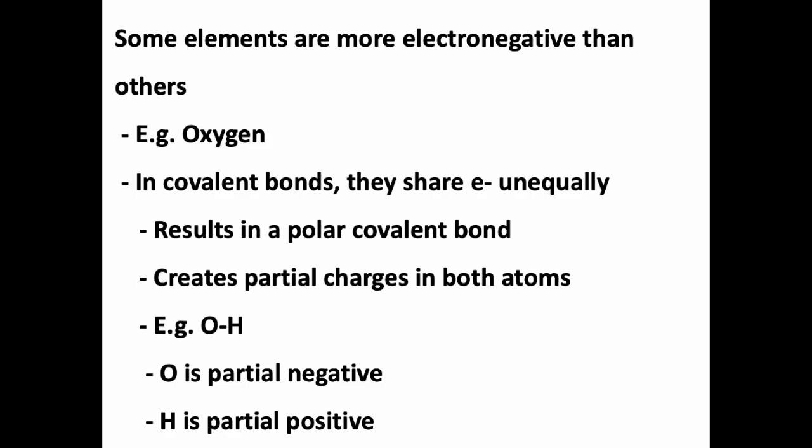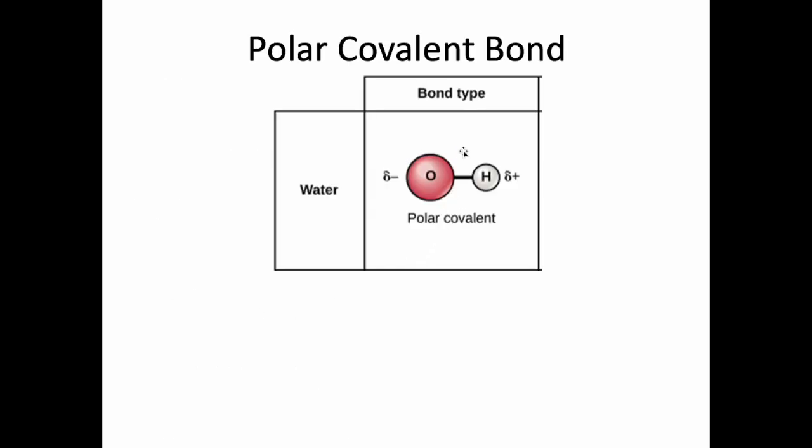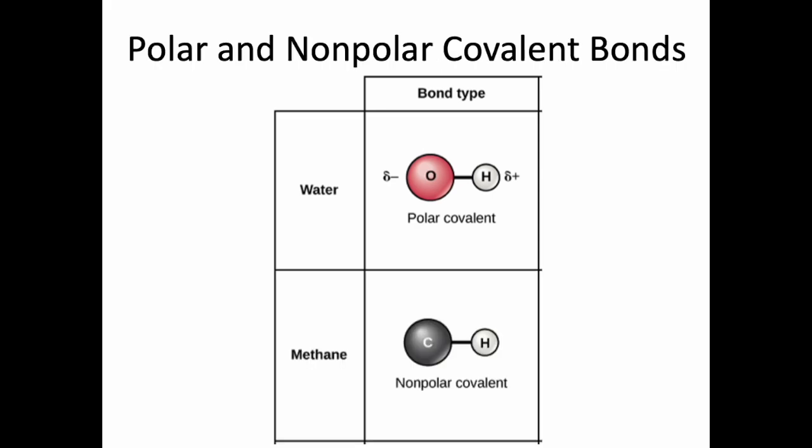Now, one other side note here: it is possible for electrons to be shared unequally. It is also possible for electrons to be shared equally. So carbon is an example of an element that does play nice. Here's carbon and hydrogen together. And there's no charge here. There's no partial negative. There's no partial positive.